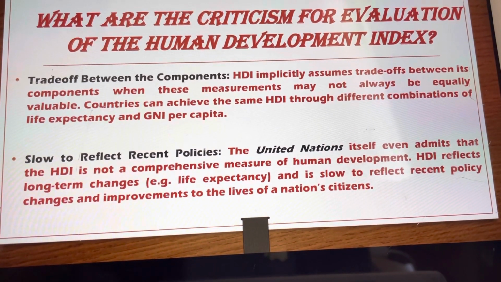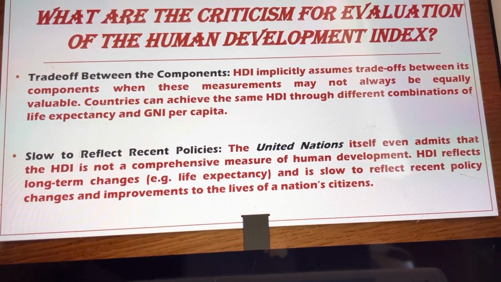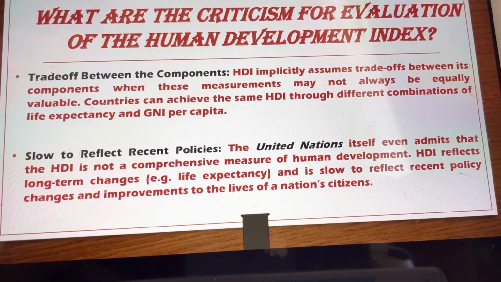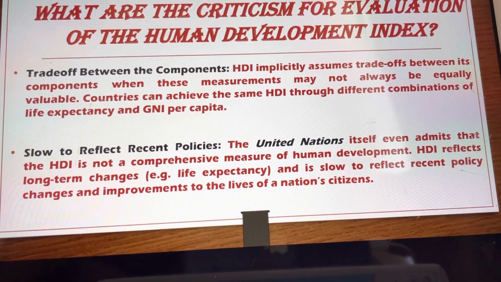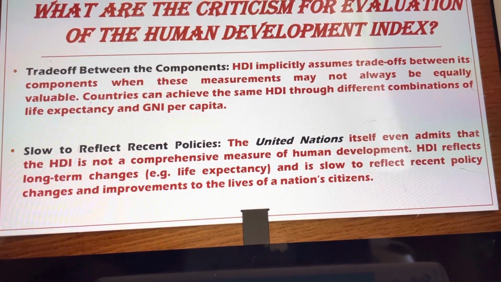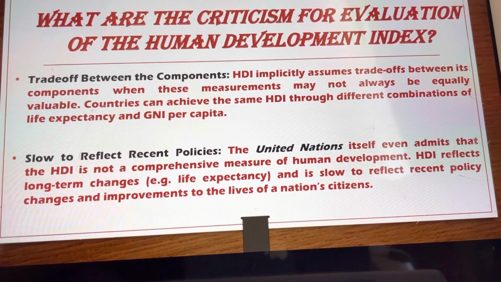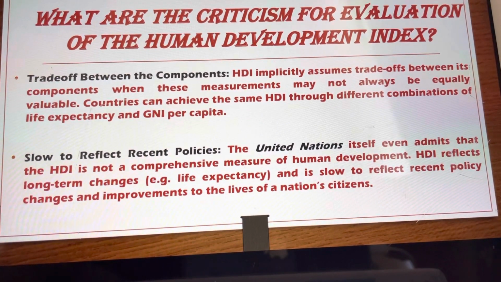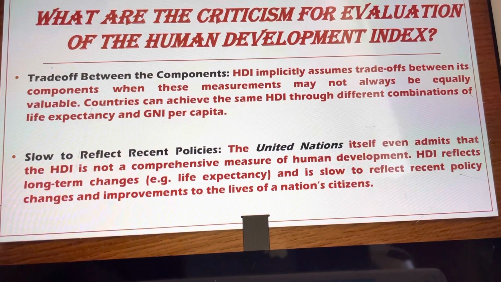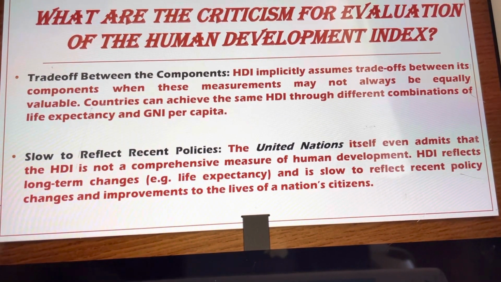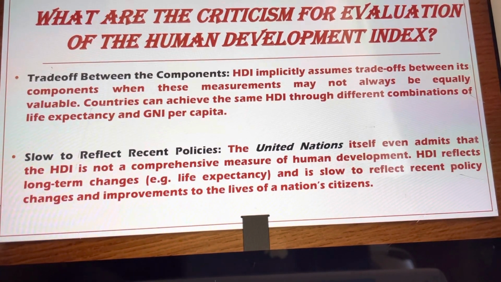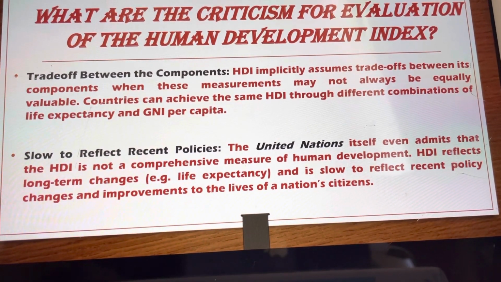Slow to reflect recent policies. The United Nations itself even admits that the HDI is not a comprehensive measure of human development. HDI reflects long-term changes, for example, life expectancy, and is slow to reflect recent policy changes and improvements to the lives of nations' citizens.